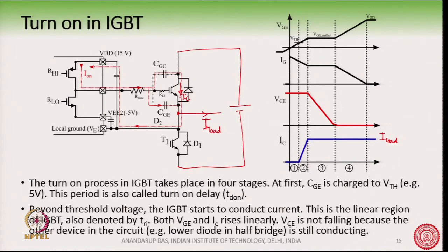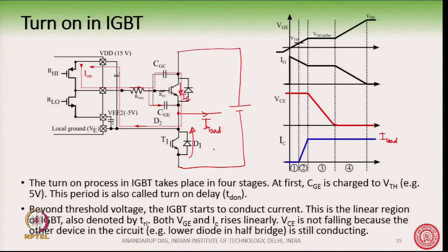if the IGBT has not taken up the full load current, then the rest of the current must be flowing through this diode. Okay. Because the load current is a current source and the total current should be constant.